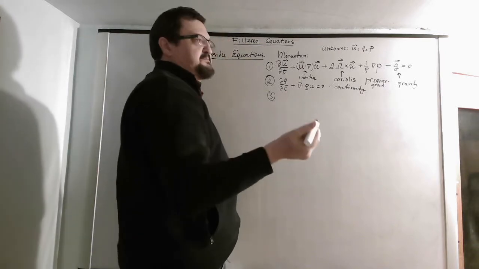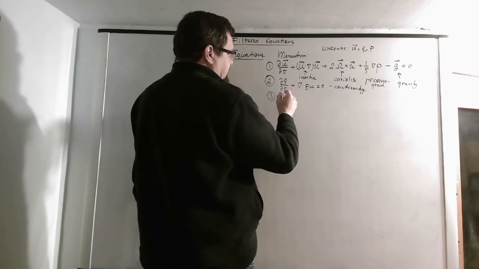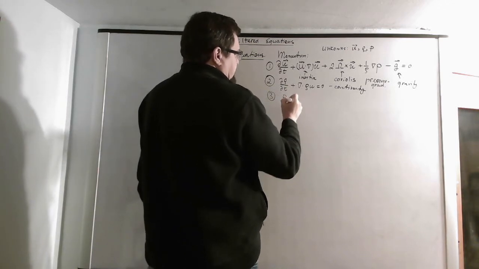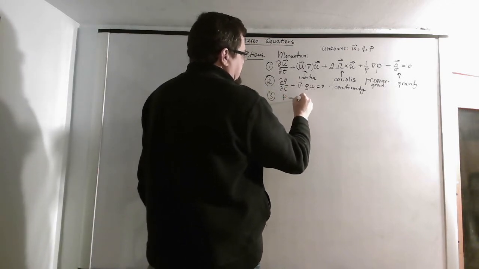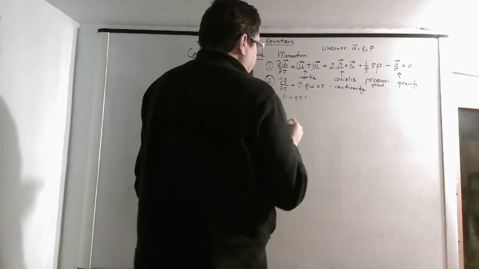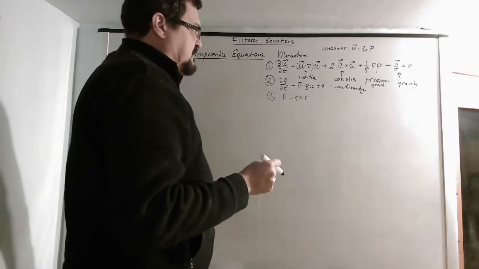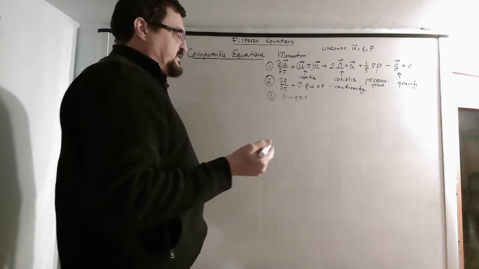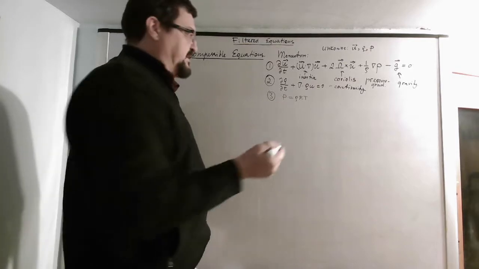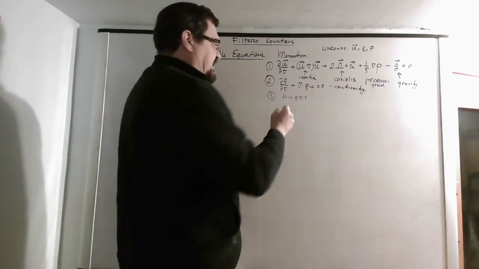I mean, the atmosphere is very well described by an ideal gas. So P equals rho R T. And finally, we need some energy equation. For that, we can use the first law of thermodynamics. So let's assume that there is no heat, so it's an adiabatic process.